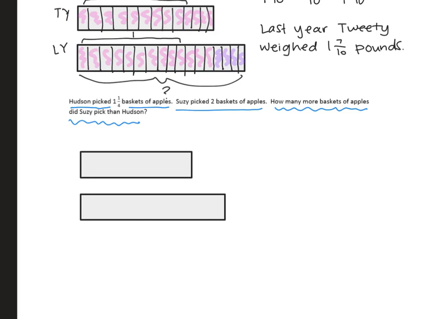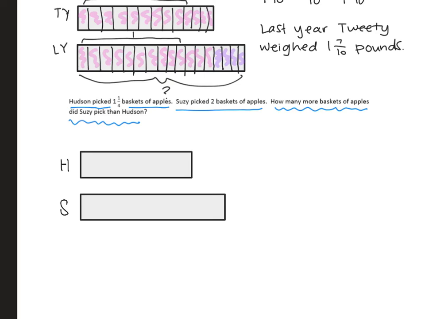Okay, so let's see. I'm going to say this is Hudson and this is Susie. So Hudson picked 1 1/4 baskets of apples. So I immediately know that 4 units are going to make up 1 whole because 4 is my denominator. So if I already have 1 whole, that means I already have 4/4 baskets of apples plus 1/4 more.